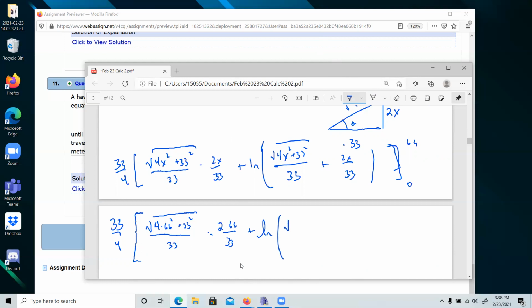We have the square root of 4 times 66 squared plus 33 squared all over 33 plus 2 times 66 over 33.